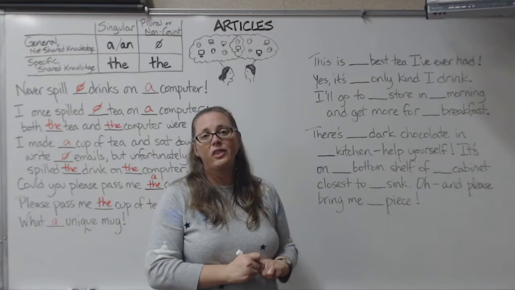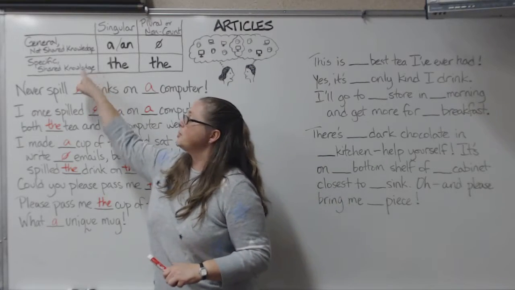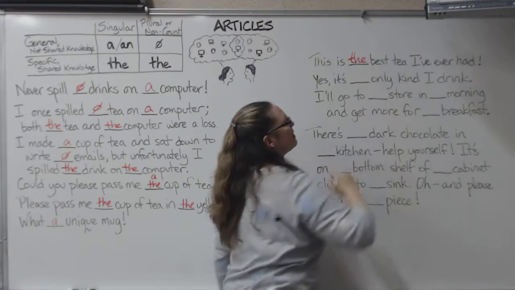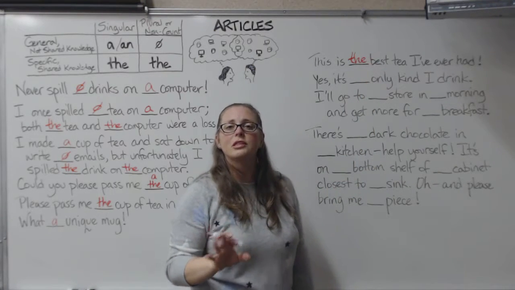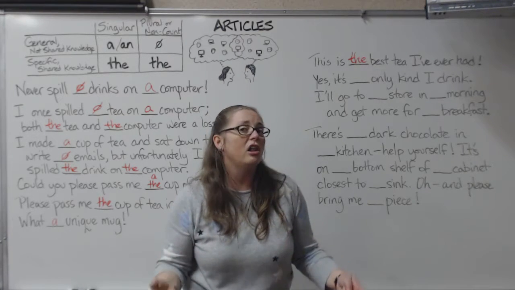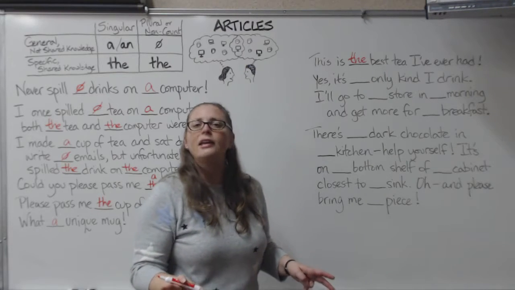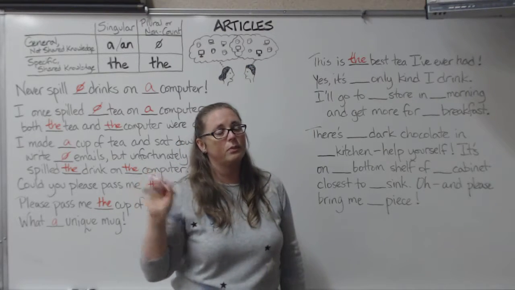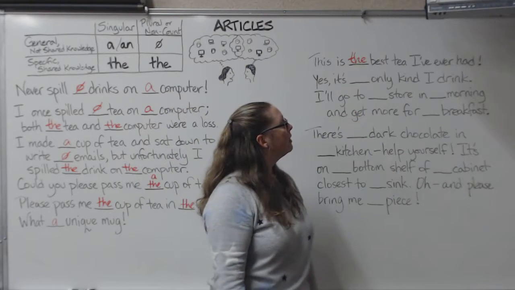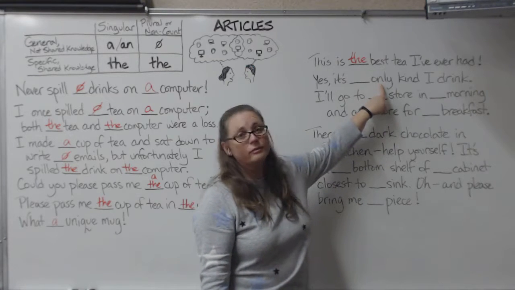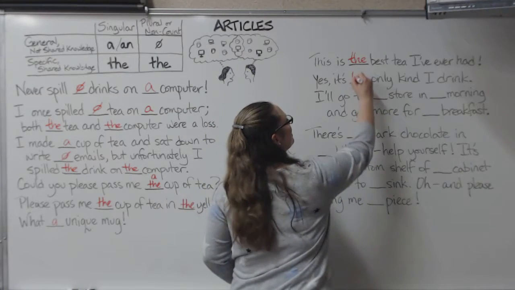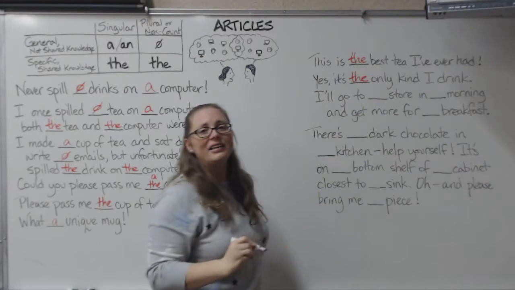If you specify the noun, you're going to use the specific. This is the best tea I've ever had. Use this for any superlative: biggest, greatest, smallest, kindest, any of those. It's going to use the specific because there's only one. Yes, "only" should be telling you there's only one. So it's the only kind I drink.